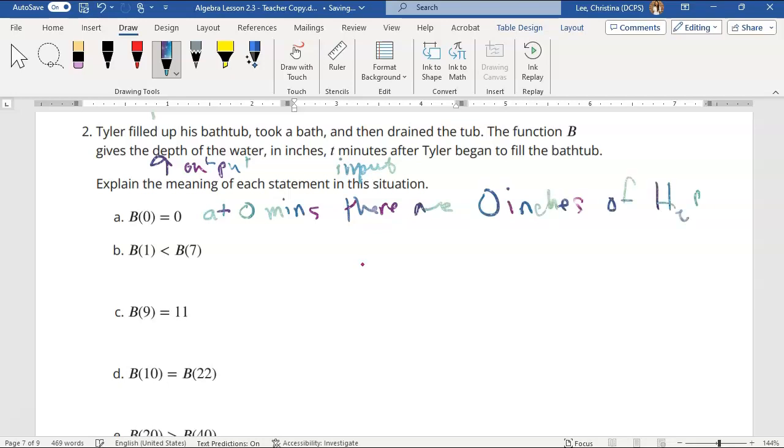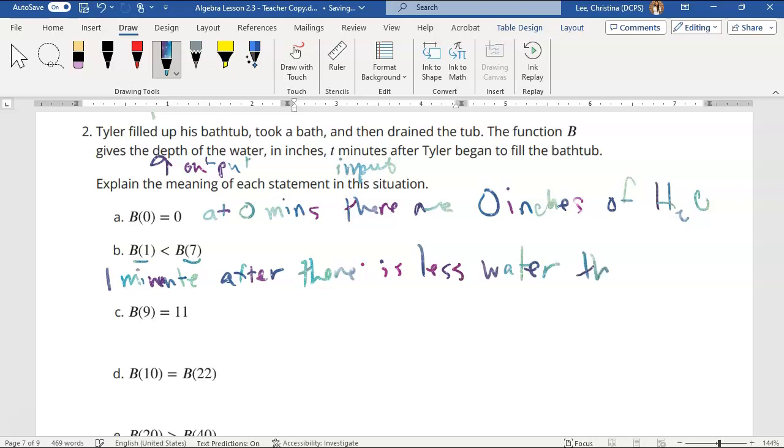of water. All right, b of 1 is less than b of 7, means that 1 minute after there is less water, less inches of water, than after 7 minutes.